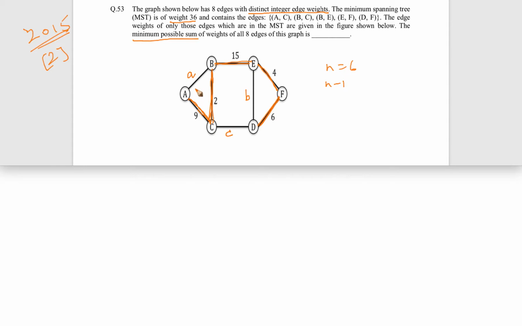So let's start with this. Now, what is the value of A going to be? What do you think the value of A is going to be? If A is, let's say, 1 or something like that, smaller than 2, then why do I need to have this 2 in MST? I will simply have AC and AB, and that's it.